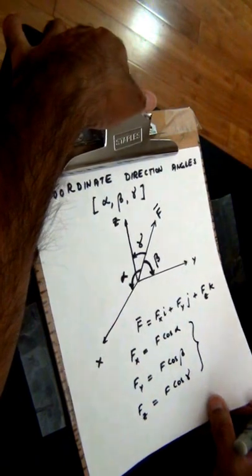And we can make use of these angles to come up with an identity that will be very useful in solving problems, and the identity can be written as follows.